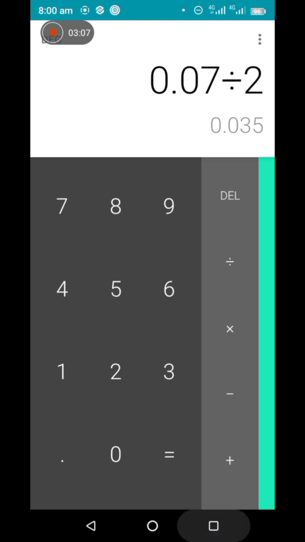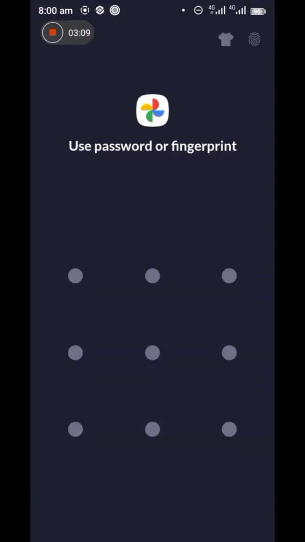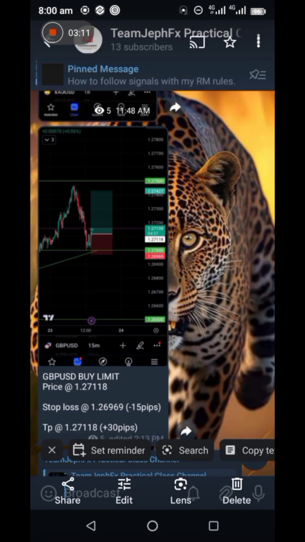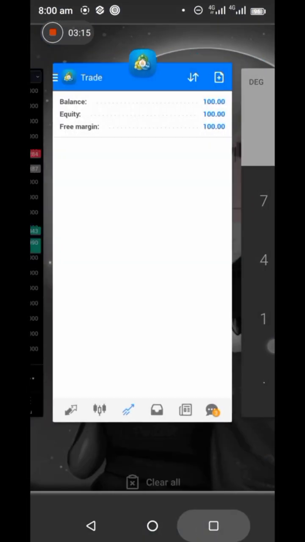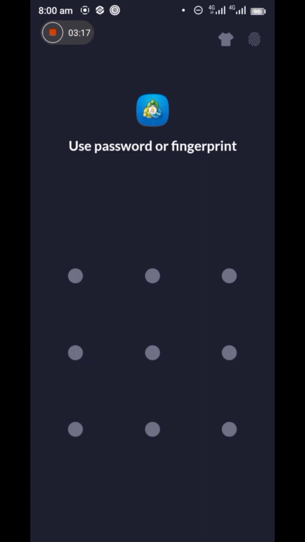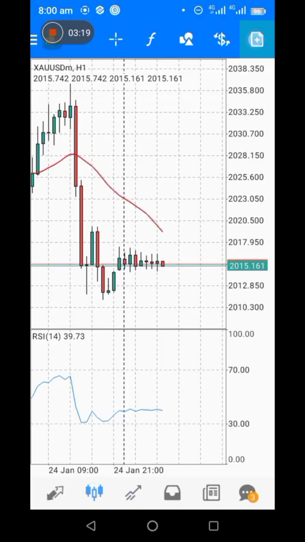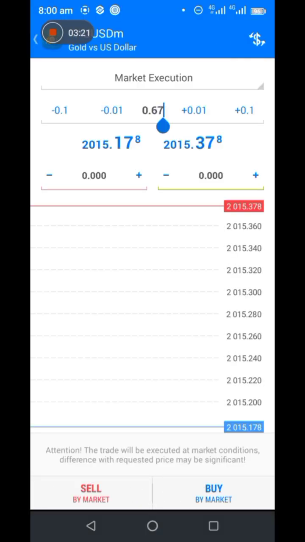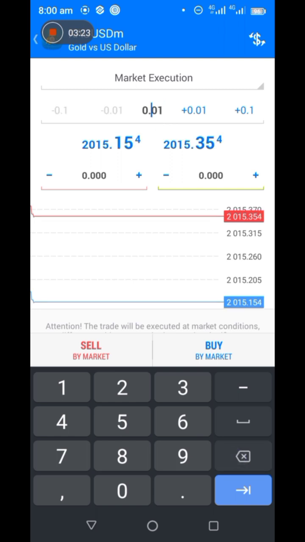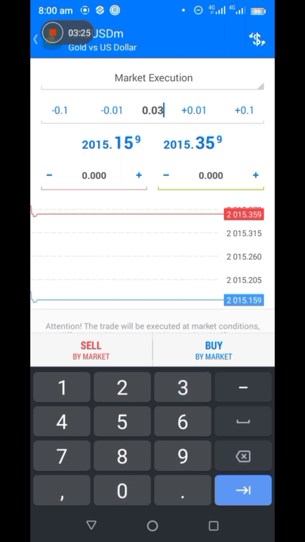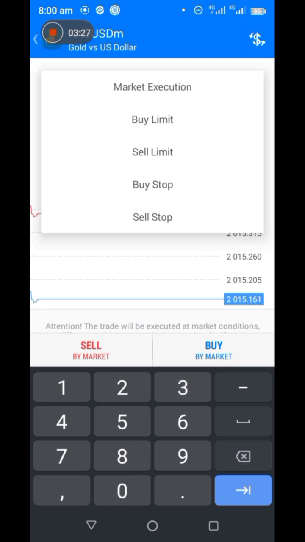So when you want to replicate this signal on your MT4 account at this level, you are going to change the lot size to 0.03 for the first position. I think it was a buy limit.